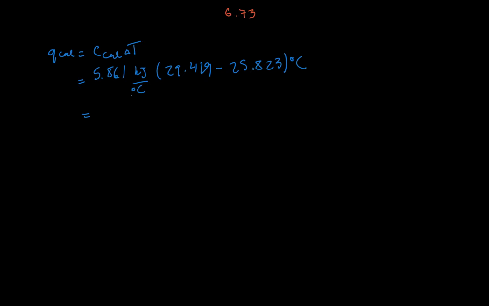Okay, and that gives us a total of 21.076 kilojoules. This is a positive value here, so we see the calorimeter has absorbed 21.076 kilojoules of energy. And that means that the reaction released 21.076 kilojoules of energy.